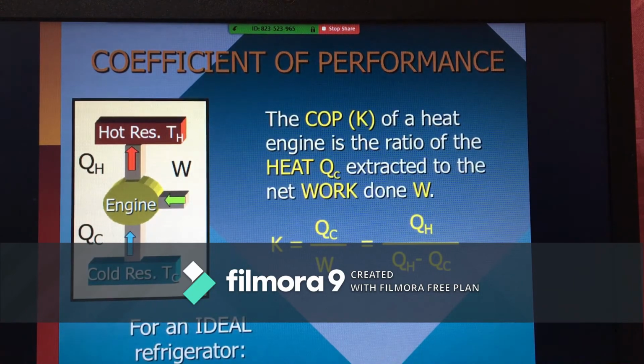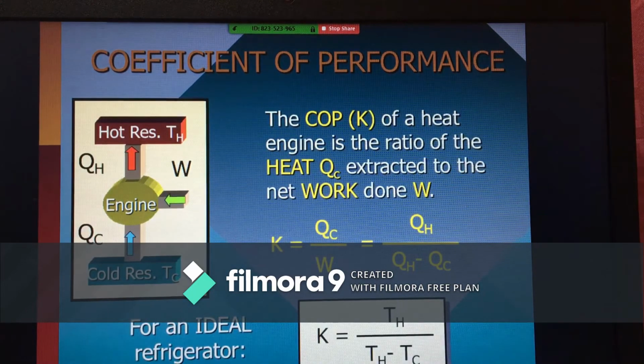So for an ideal refrigerator, we have K equal to TC over TH minus TC. So yan yung coefficient of performance. Ideal yan na refrigerator, class.